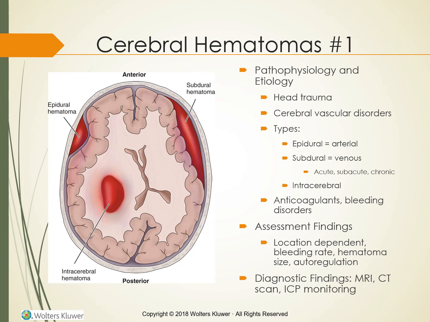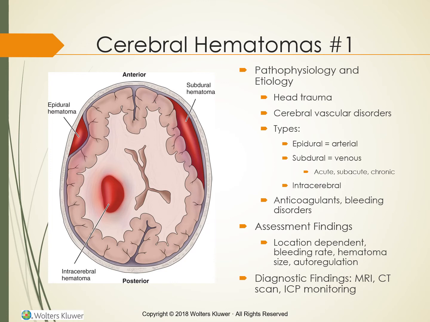Some of the common symptoms for an epidural hematoma are a headache, ipsilateral, which means the same side as the injury, pupil changes, and contralateral, which is the opposite side of the injury, hemiparesis. So basically, if they were hit on the right side, and they have pupil changes to their right eye, and then they have hemiparesis to the left side of their body, that could be indicative of an epidural hematoma.